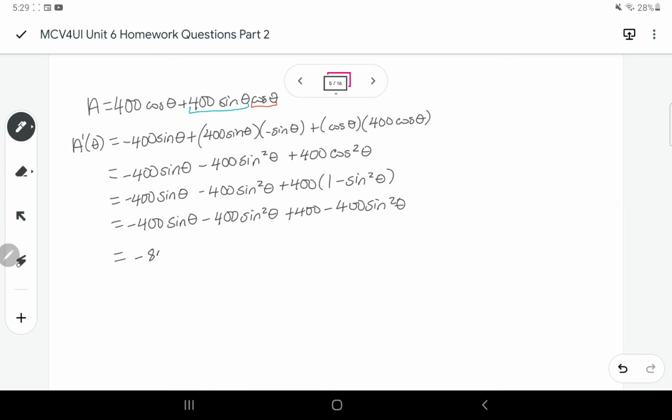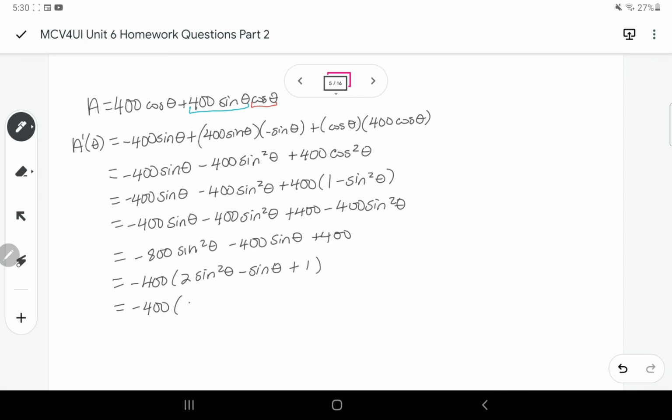So negative 800 sine squared theta minus 400 sine theta plus 400. Factoring out a negative 400, I get 2 sine squared theta minus sine theta plus 1. And I think that this will factor.